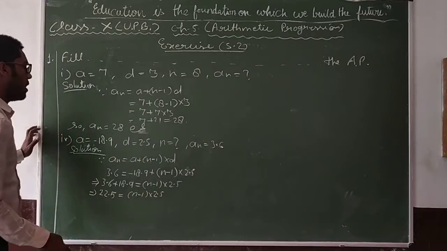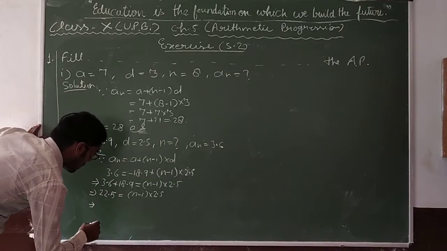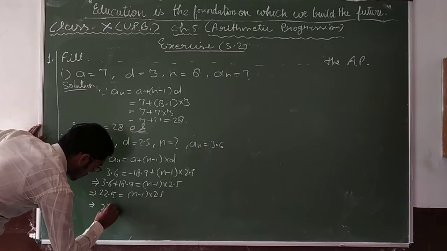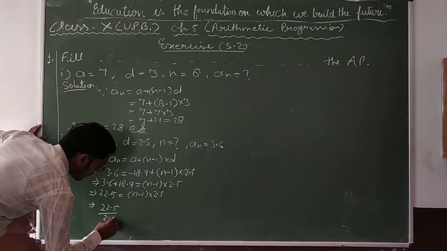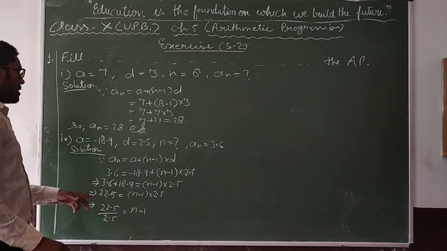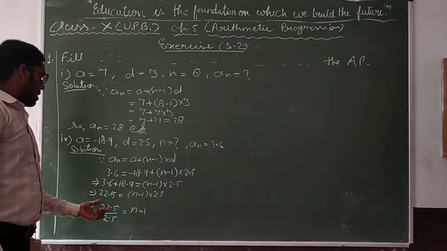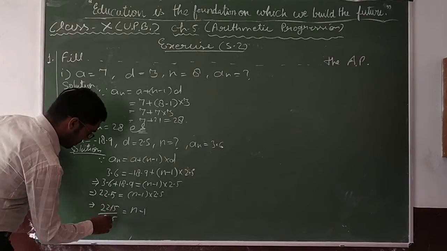2.5 is multiplied with (n minus 1). Transpose it to the denominator of the left-hand side, that means 22.5 upon 2.5 is equal to n minus 1. Here you can see the decimals in the denominator. After the decimal there is one digit, so you can cancel them.